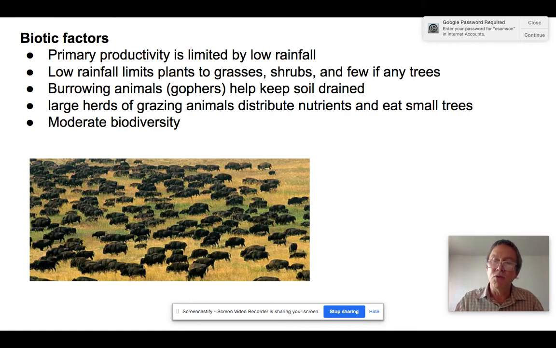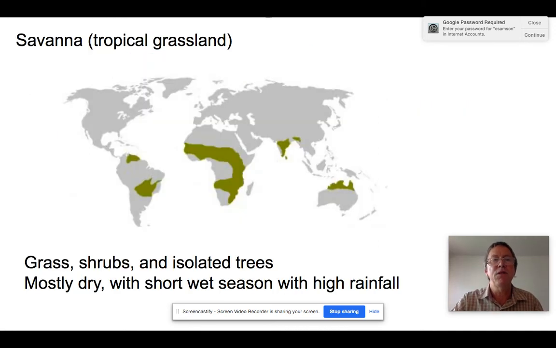You tend to get a lot of burrowing animals, gophers in some places, meerkats and others, but they tend to burrow under the ground for protection from flying predators, and this tends to keep the soil well drained. You also have large herds of grazing animals that tend to trample the ground with their hooves. They tend to deposit or redistribute nutrients with their feces. And we find there's a fairly moderate amount of biodiversity in these.